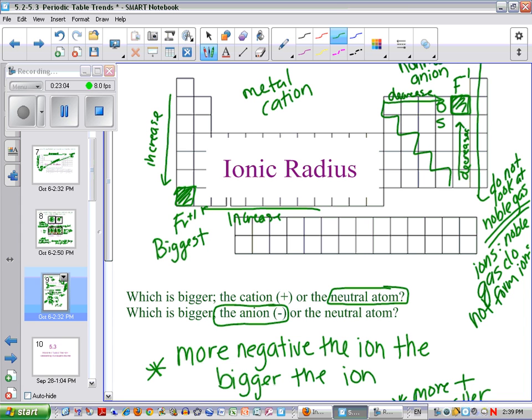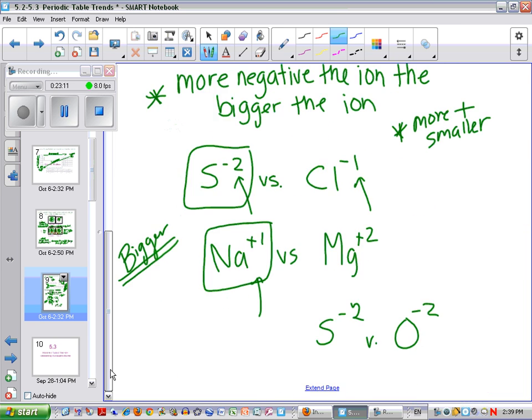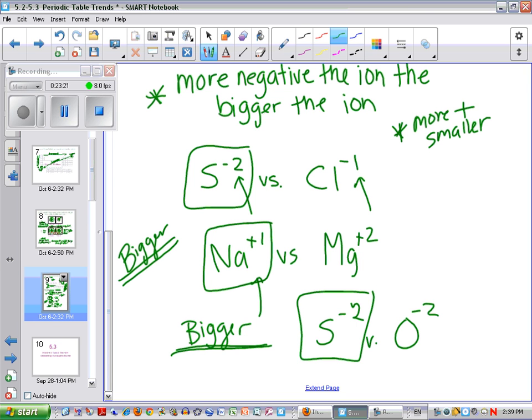You know, fluorine is the smallest. Which one is closest to fluorine? The answer would be oxygen is the smaller one. If I'm asking which one's bigger, the answer would obviously be the opposite, sulfur. So when you're doing your homework tonight, you always have to make sure you understand what it is that they are asking before you start circling things. Are they looking for the bigger one or the smaller one?